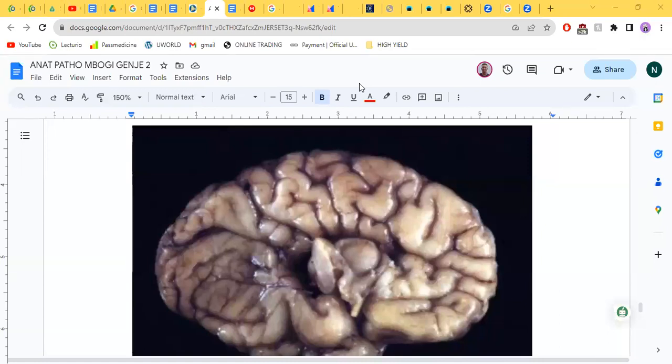What diagnosis will you give to a patient? Yes, callosal agenesis. What are some of the characteristic features that present when you have callosal agenesis?